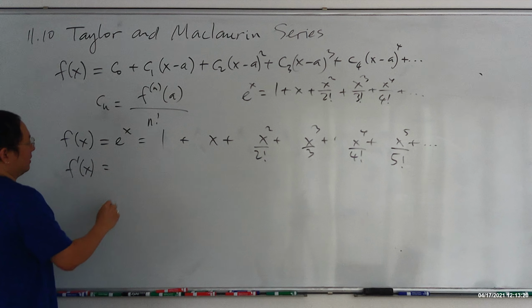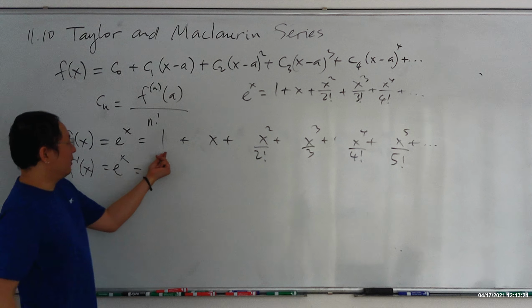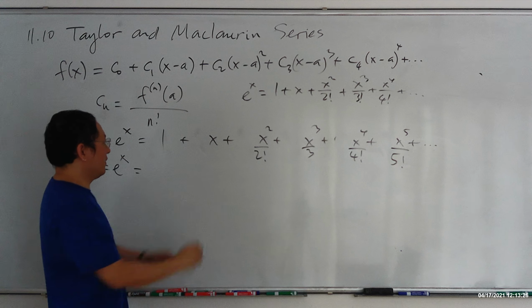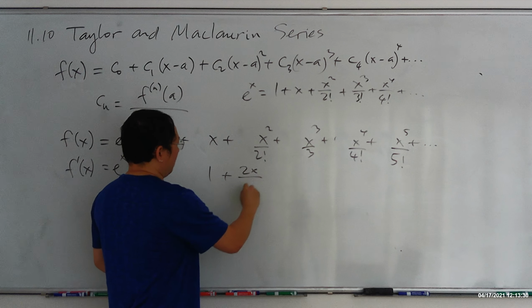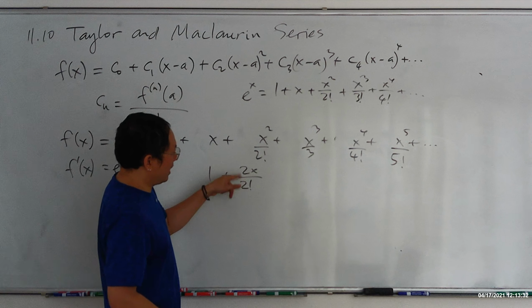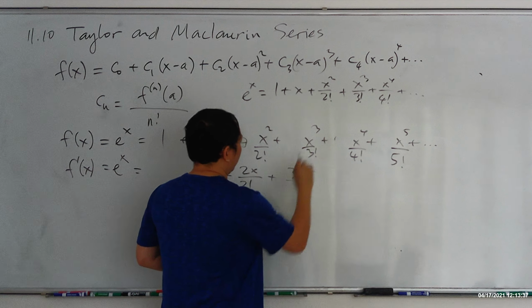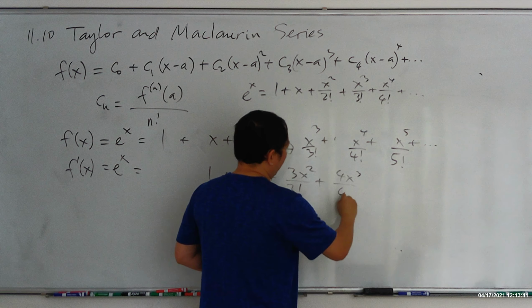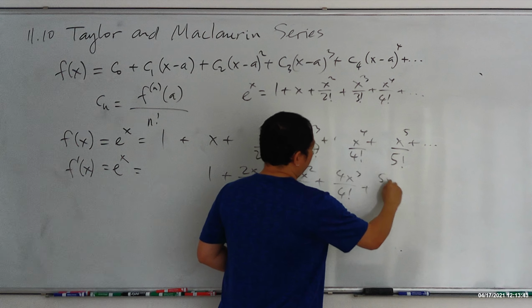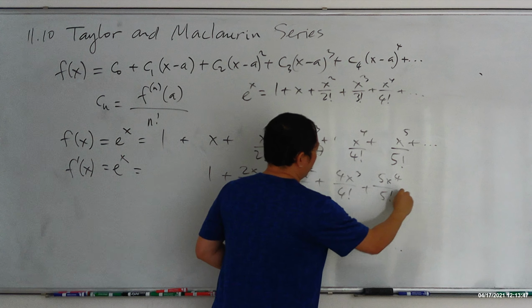See what you got? It's e to the x, right? Really, is that e to the x? The derivative of 1 is 0. The derivative of x is 1. The derivative of this is what? 2x over 2 factorial. You see the 2 cancels out. This is what? 3x squared over 3 factorial, 4x cubed over 4 factorial, 5x to the 4th over 5 factorial, plus.